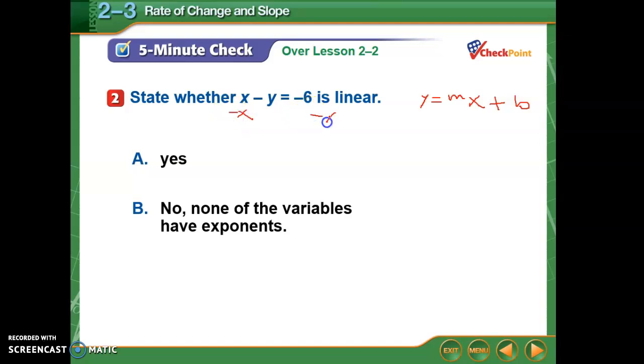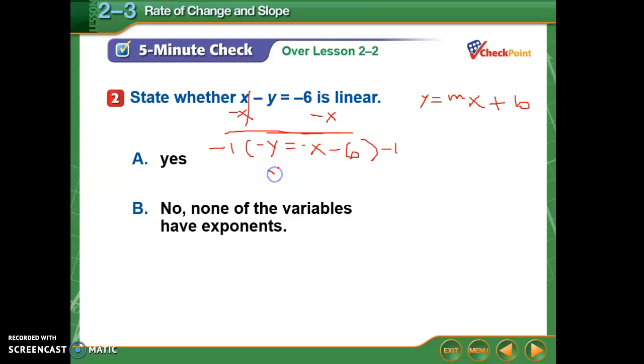You can also convert the given equation into y equals mx plus b. So you have negative x minus 6, and then get rid of that negative sign by multiplying or dividing both sides by negative 1.